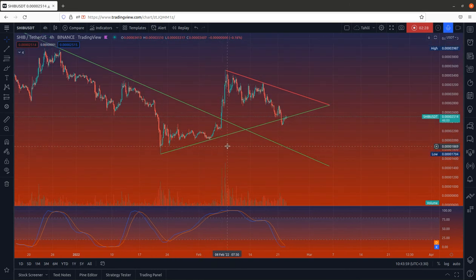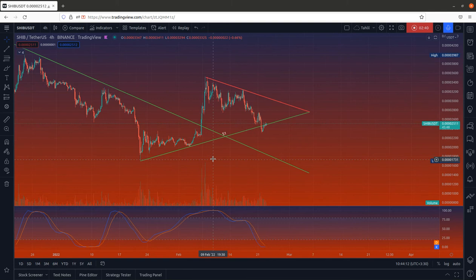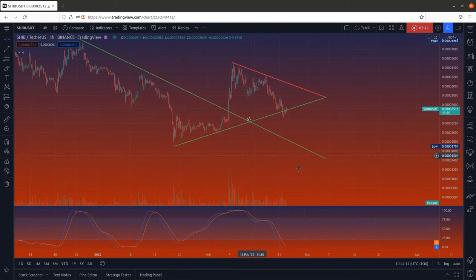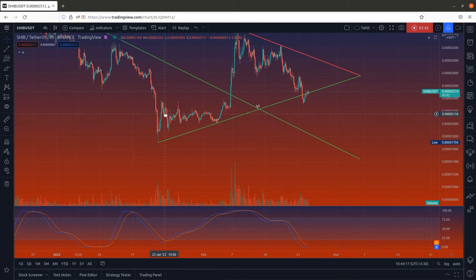Let's name this support line as the S1 support, which we have here. Okay, this is the S1 line. The price hit it, came close to it, could not break it. It came close to it in this area, this area, this area, this area, could not break it.